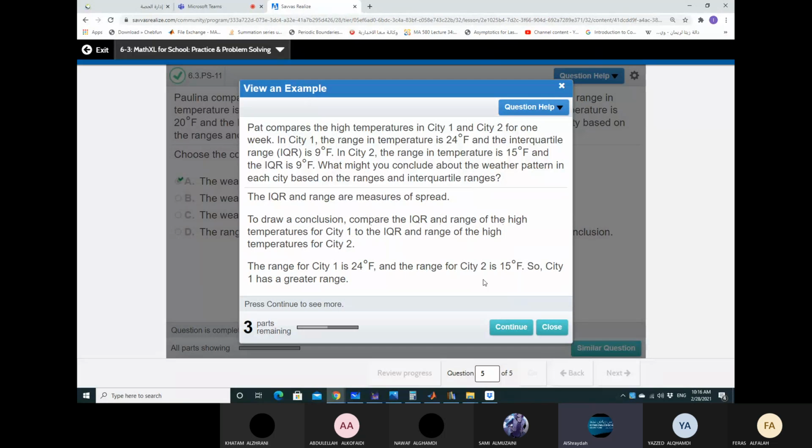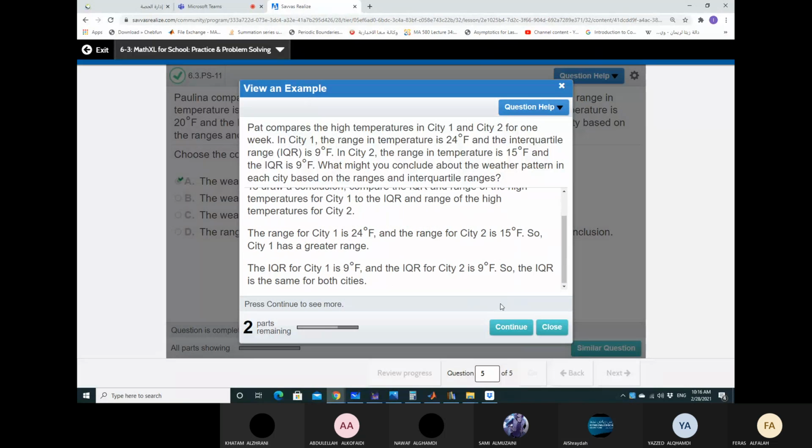temperatures for city 1 to the IQR and the range of the high temperatures in city 2. So the range for city 1 is 24 degrees Fahrenheit, and the range for city 2 is 15 degrees Fahrenheit. So city 1 has a greater range. As you can see, it's 24. Now, the IQR for city 1 is 9 degrees Fahrenheit, and the IQR for city 2 is 9 degrees Fahrenheit.